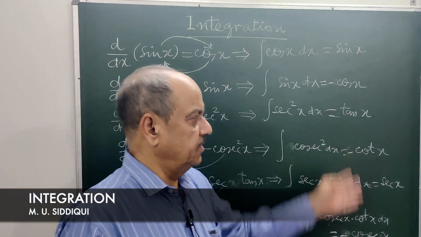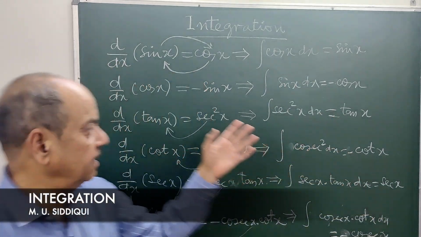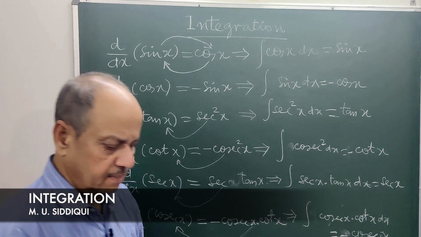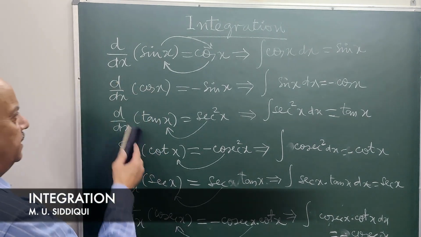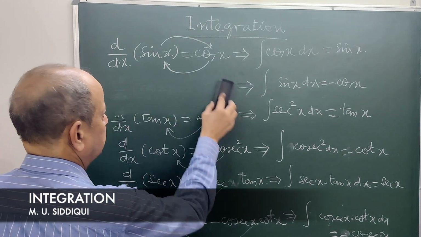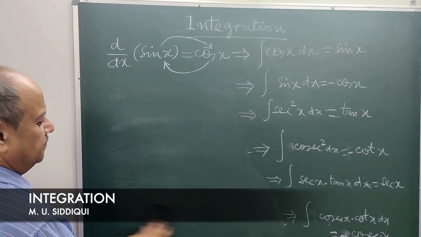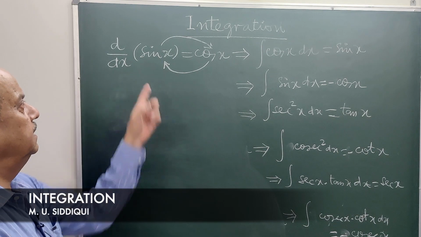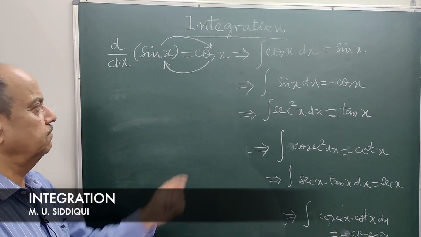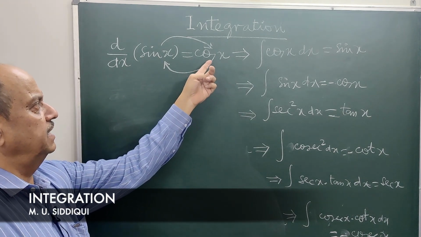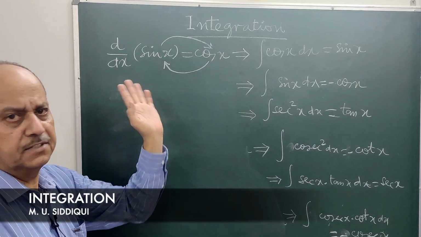When you write integration, you are relating it with the derivative, and let me give you some examples. If you said d dx of sin x is equal to cos x, we have restated it as the integration of cos x is equal to sin x.